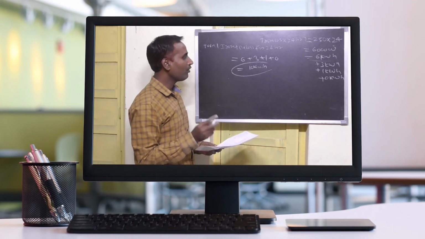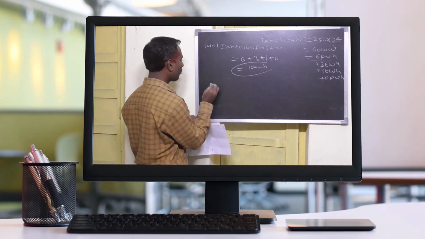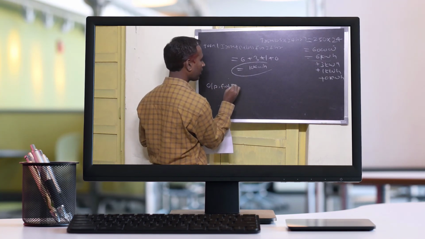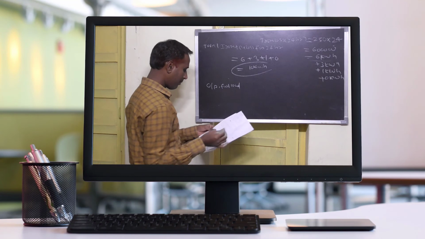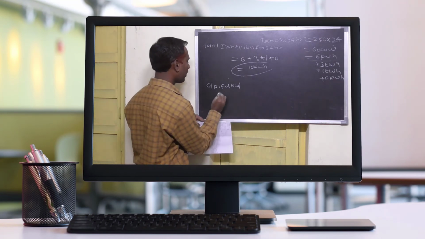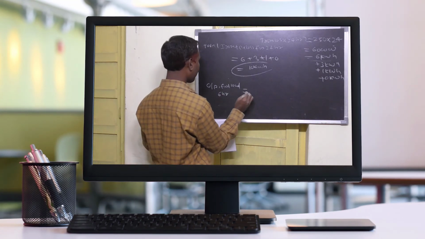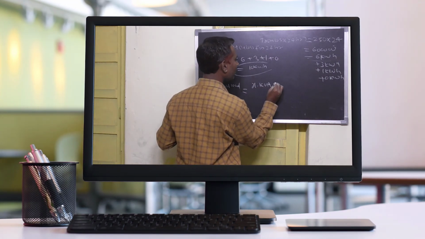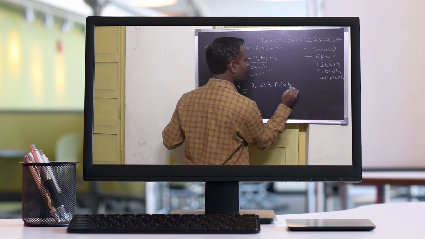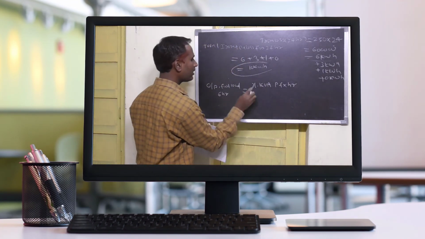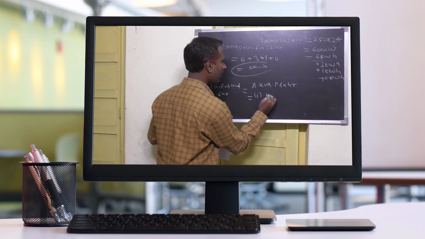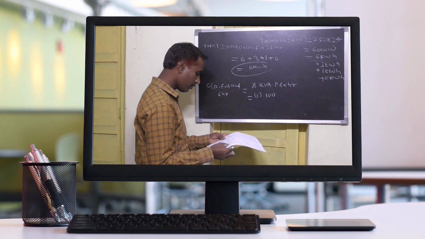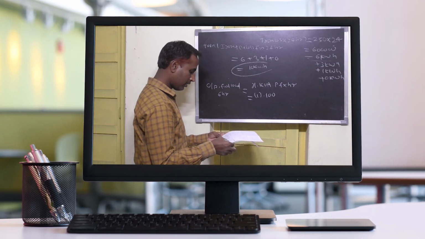Okay friends, now we will find output. Output at full load, timing is 6 hour. The formula is X into kVA into power factor into hour. Full load means X is 1. kVA given is 24 kVA.